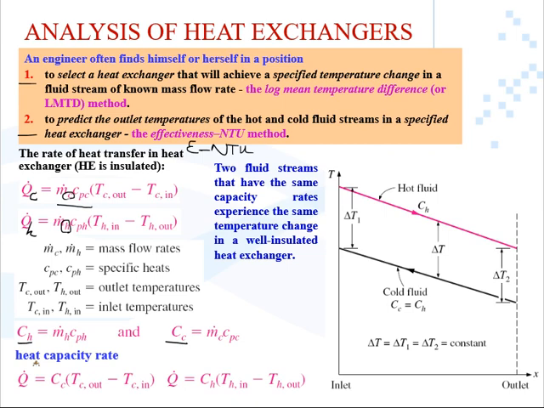If we put them into the first correlation, we can see that, for example, for Q dot C, we can replace M dot C, which is the mass flow rate of cold fluid, multiplied by the specific heat of cold fluid.